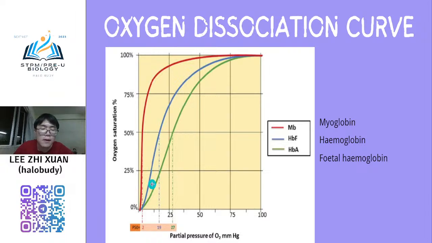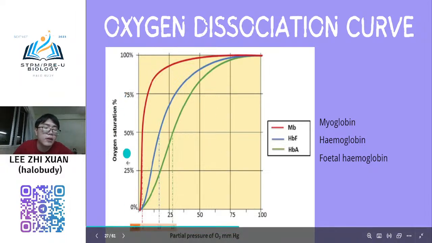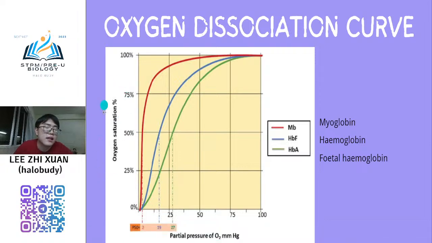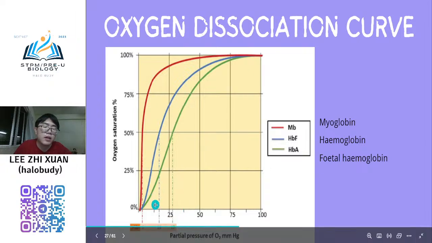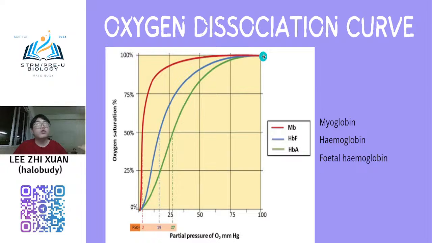What does this curve have? You see that the y-axis is the oxygen saturation, meaning how much oxygen is bound with the hemoglobin. Here, this is 100%. This is the saturation point, meaning that when the partial pressure of oxygen reaches the saturation point, the curve is horizontal.